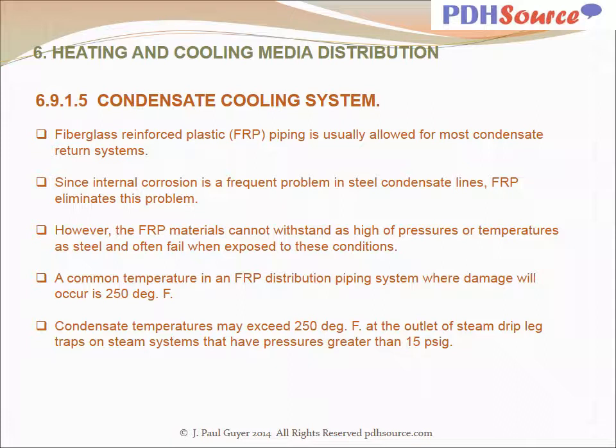A common temperature in an FRP distribution piping system where damage will occur is 250 degrees Fahrenheit. Condensate temperatures may exceed 250 degrees Fahrenheit at the outlet of steam drip leg traps on steam systems that have pressures greater than 15 psig.